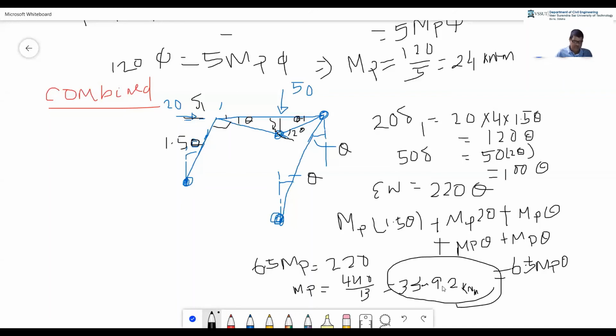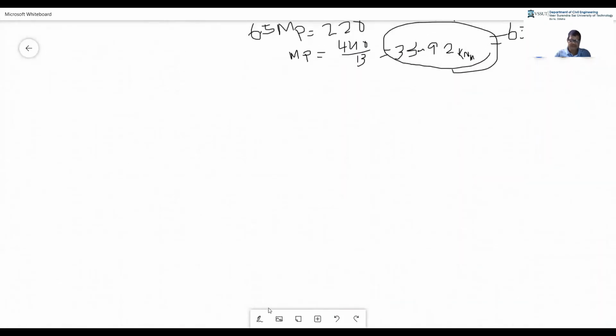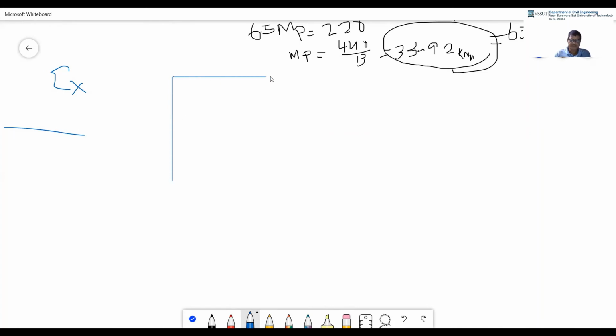Now let us see another problem, and then we can conclude this class. Let's give another example. In this example, there is a UDL throughout this beam, A, B, C. Here there is a load at 2 meter.